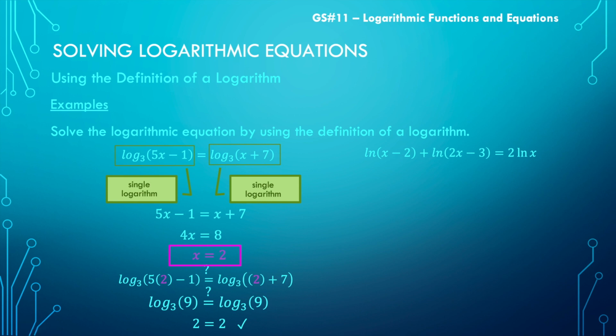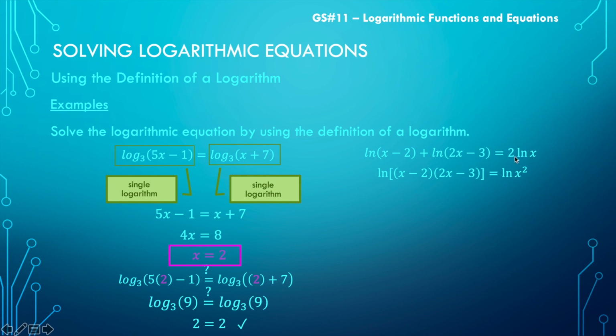Okay, so let's do that. Remember that if I have 2 logs with the same base and I'm adding them together, that's the same as taking the log of the product of the arguments.